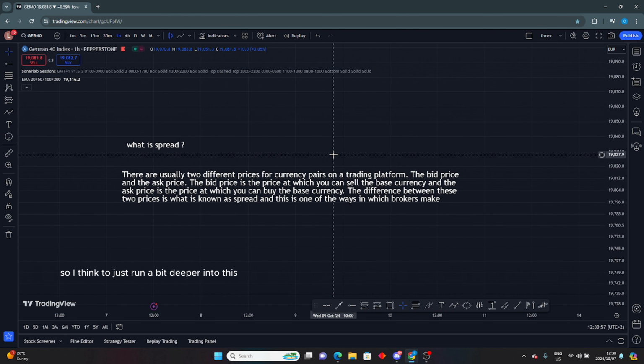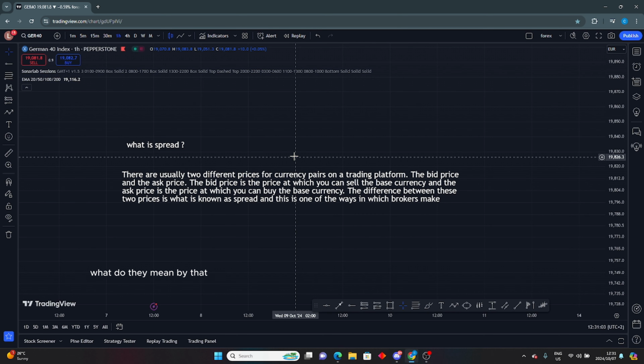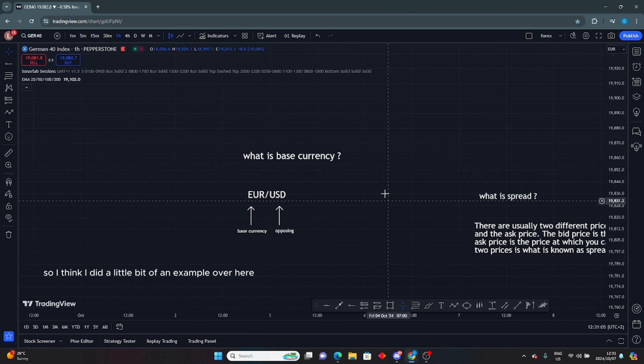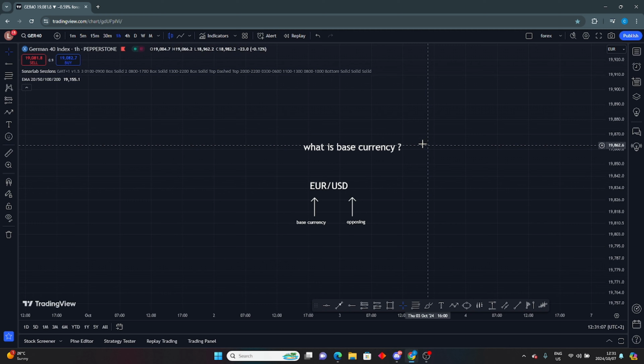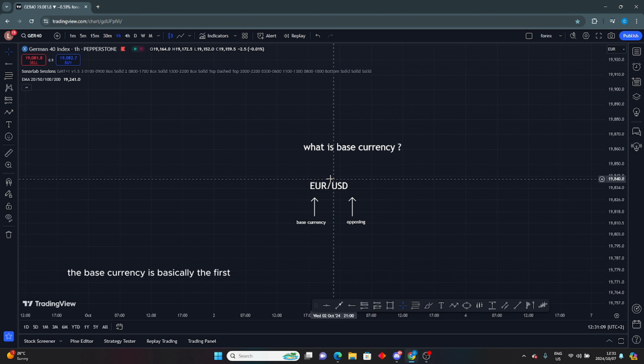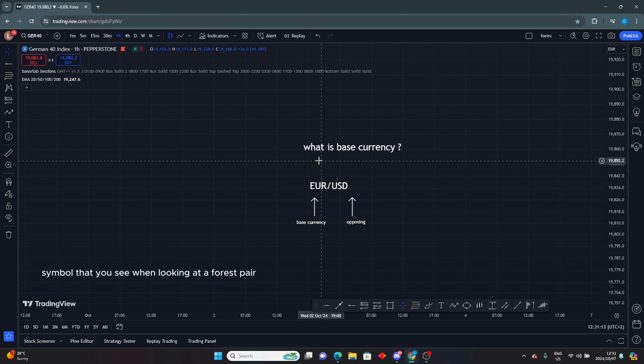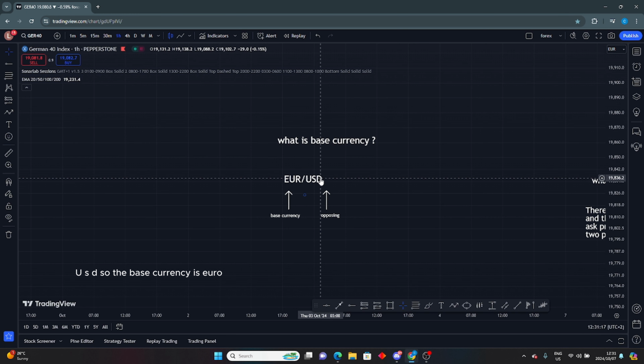So to run a bit deeper into this, we can understand what base is. People hear base currency. What do they mean by that? I did a little bit of an example over here. What is the base currency? The base currency is basically the first symbol that you see when looking at a Forex pair. For example, we have Euro USD.